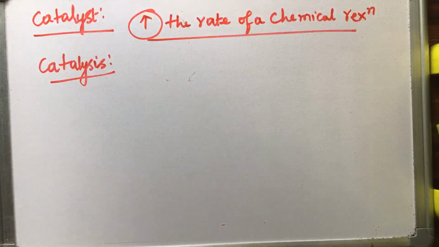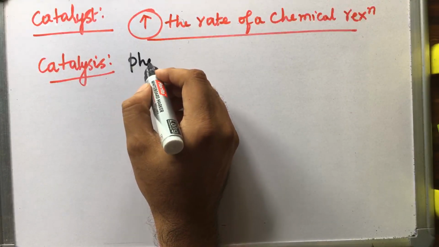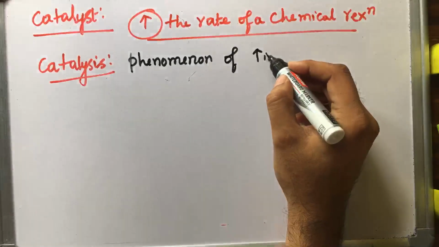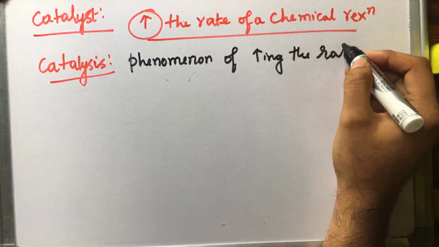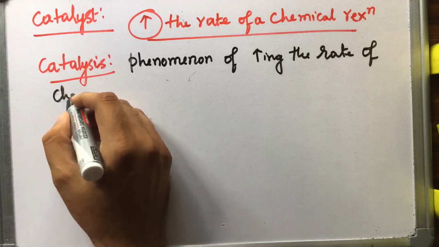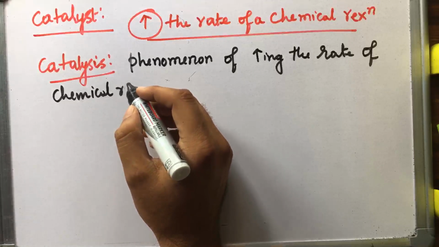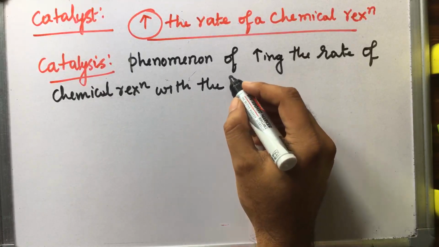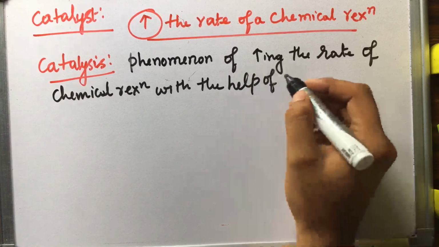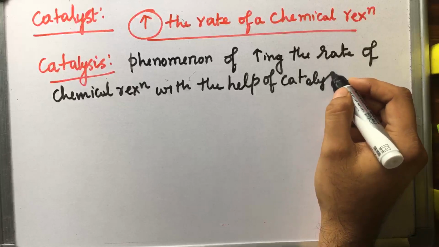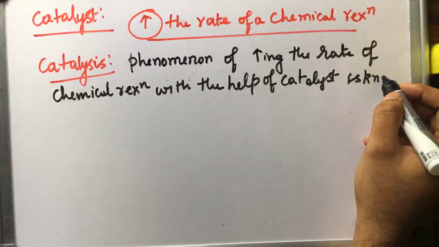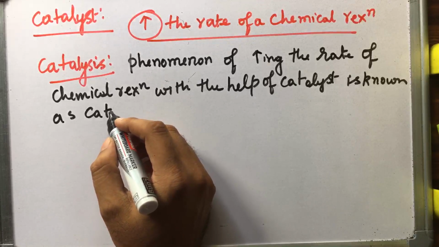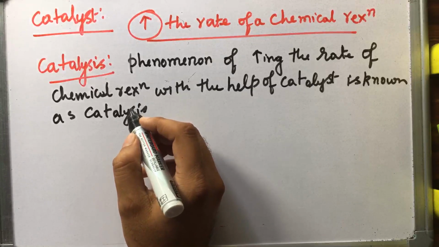The phenomenon of increasing the rate of a chemical reaction with the help of a catalyst is known as catalysis. Is it clear, students? Yesterday we studied this concept also.